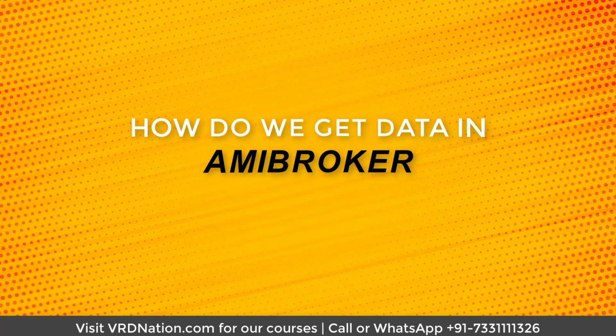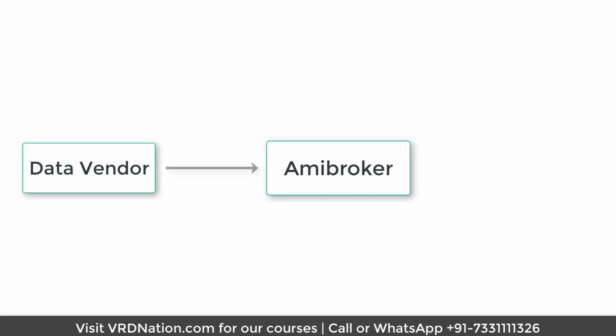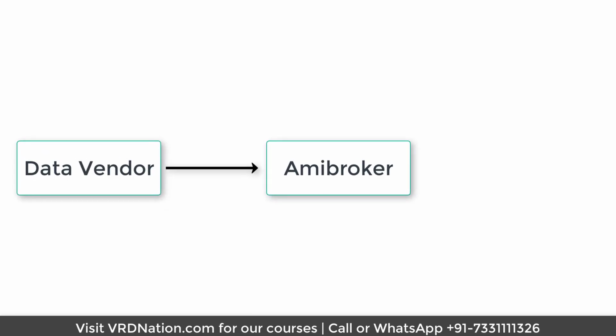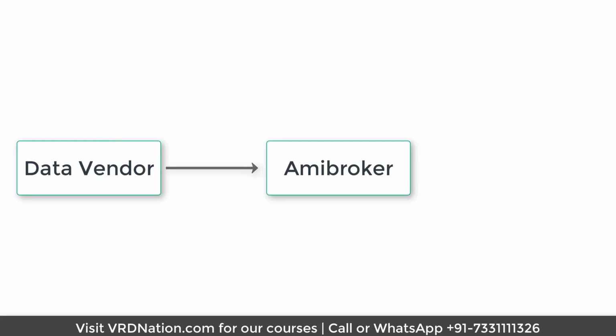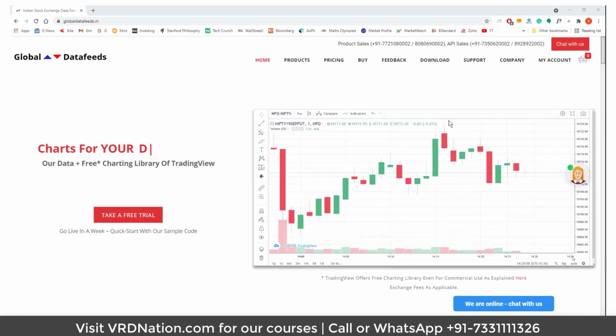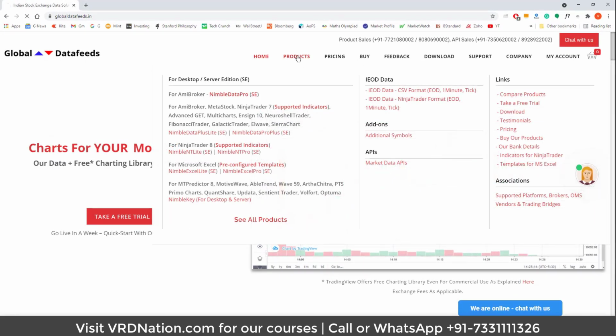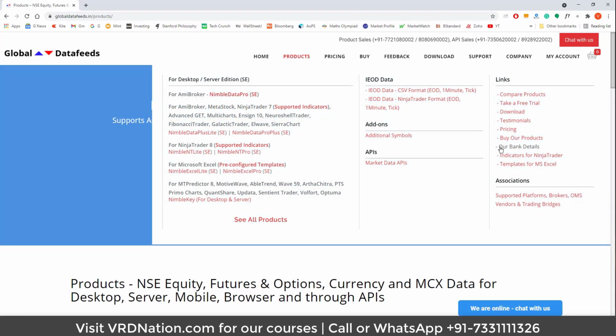So how do we get the data into Amibroker? Well, for that we have to buy the data from data vendors. Data vendors are basically the companies that have all the data that we talked about, and they have it in the format that Amibroker can read and understand. For example, this company right here, Global Data Feeds, is one such data vendor.